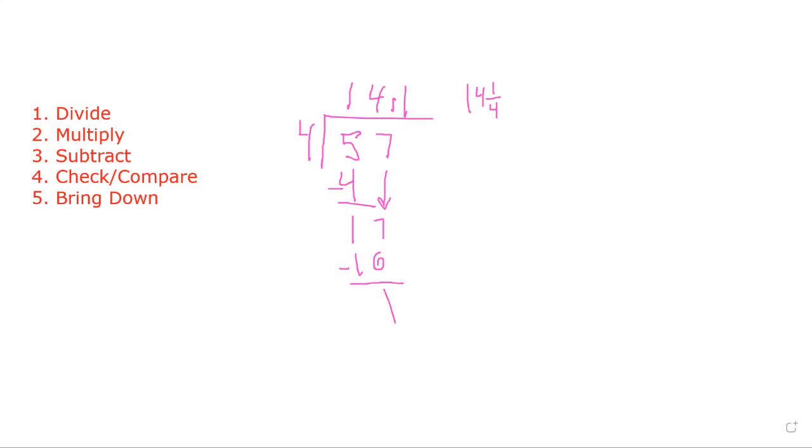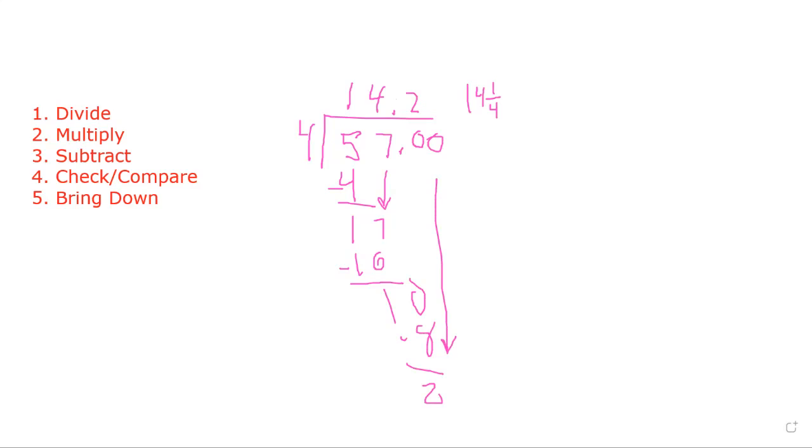Or I could drag it out if I was looking for a decimal by adding zeros. So that comes down to 10. It's going to be a 2. 2 times 4 is 8. Get a 2. Next another 0.